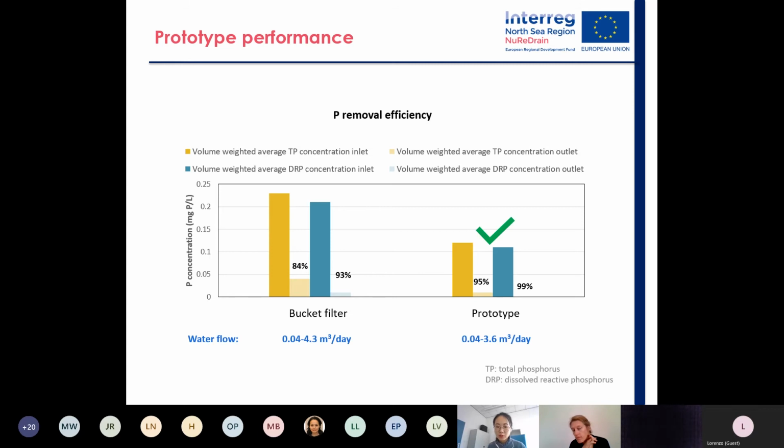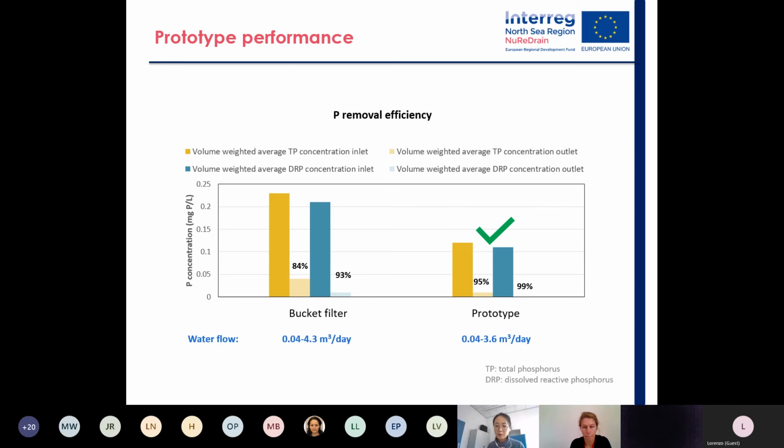The water flow shown below the graph was similar. On average, 84% of total P and 93% of dissolved reactive P was removed by the simple bucket filter, while it was 95% and 99% of total P and DRP removed by the prototype.